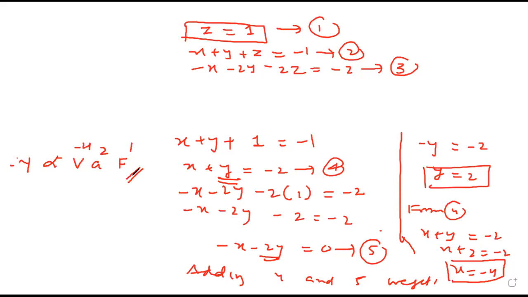This option is there: F raised to 1, A raised to 2, V raised to minus 4. That is nothing but C. So whenever a new quantity is given, please solve by this method.